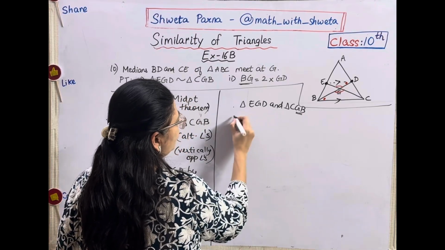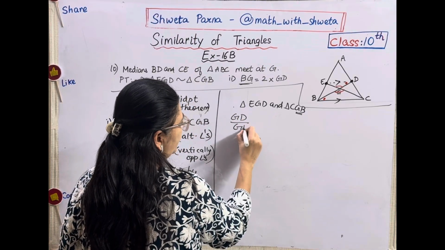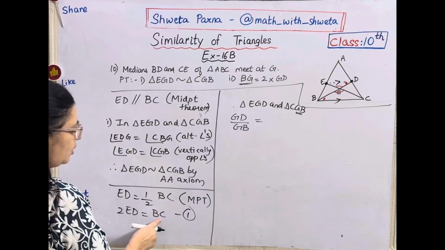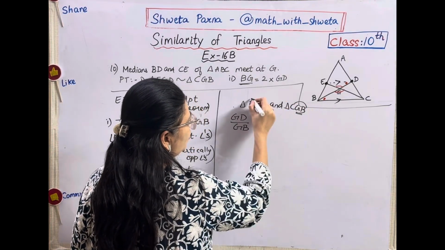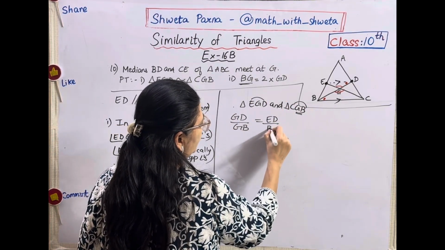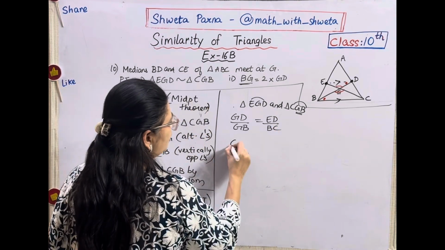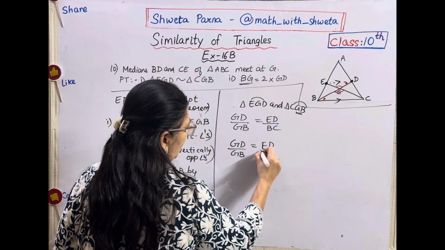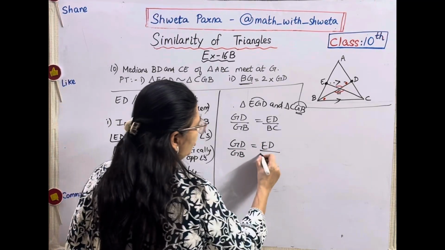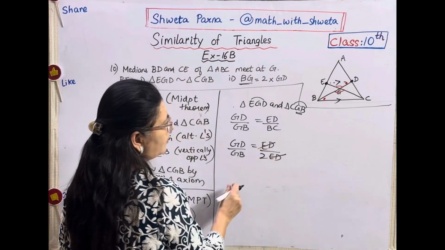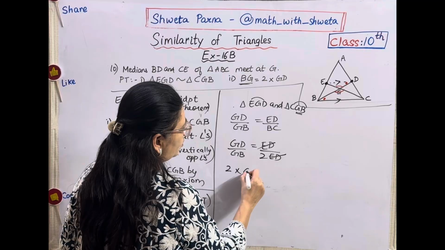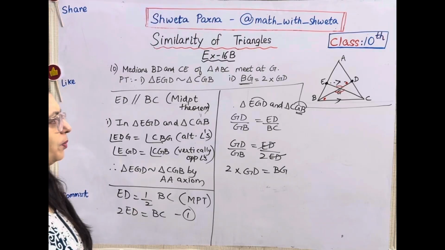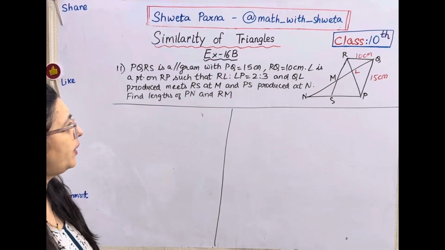So GD upon GB is equal to, what else you need? What information is given? BC is given. So you will take ED upon BC. So GD upon GB is equal to ED upon 2ED. This and this get cancelled. Now cross multiply. 2 into GD is equal to BG. This is what we were supposed to prove. I hope it's clear. Let's go to question number 11.